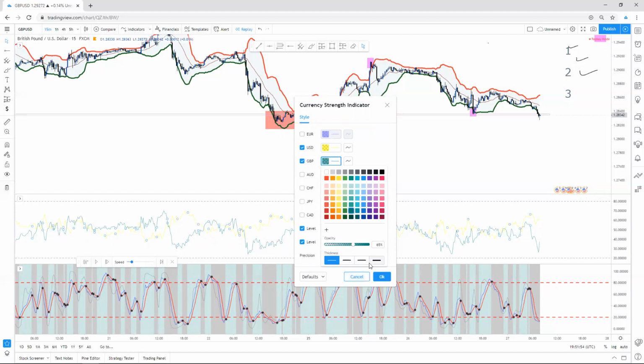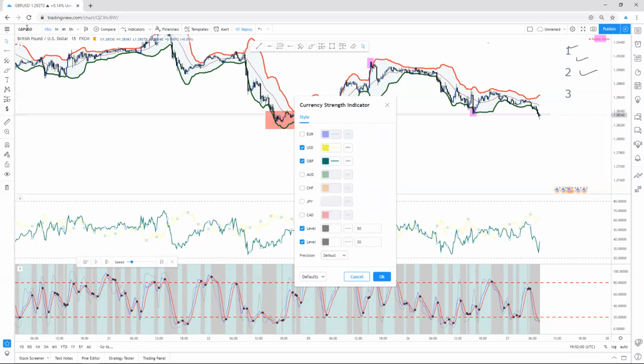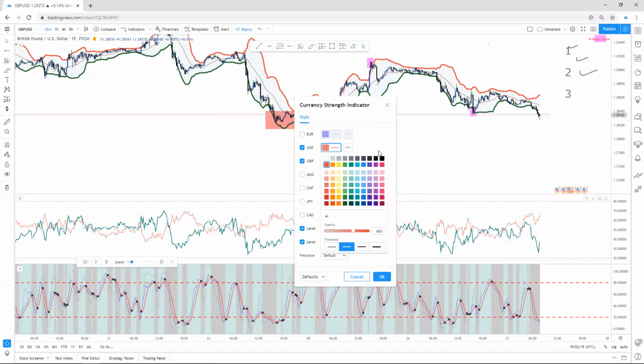That first currency from the pair that you are trading, you want to switch the color to green, okay? Green. Make it a little bit thicker so you can see it better, like that, okay? And the next pair, which is the one that GBP is versing, which is the US dollar, the second pair, you want to put it red. And I'll explain to you guys why. Okay? Boom. Let me make the opacity a little bit higher.